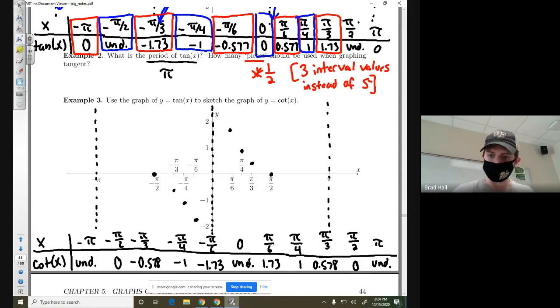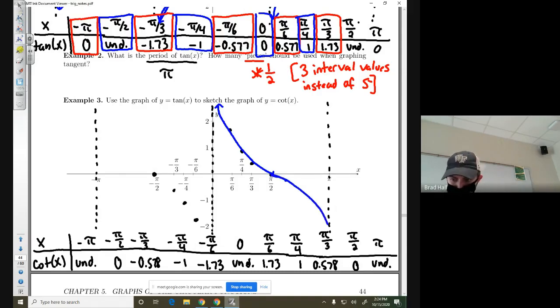If we use this side, if we connect those dots as such, knowing that the graph's going to trace the asymptote, then the dots on the other side paint a picture as to what to expect over here as well. So really the dots are going to go in the same kind of manner.